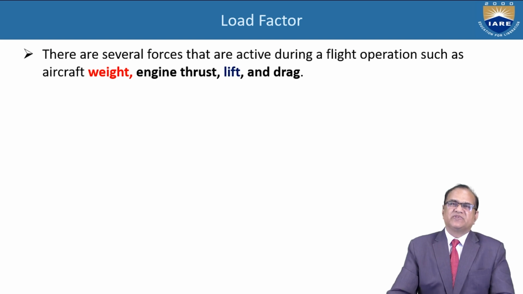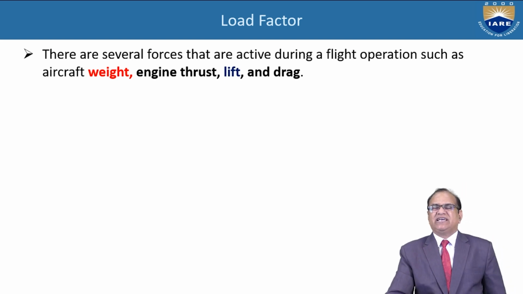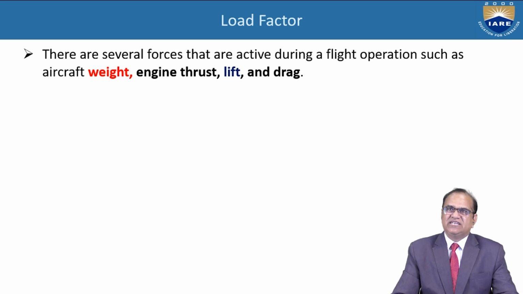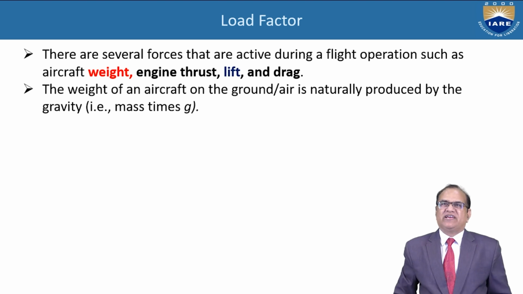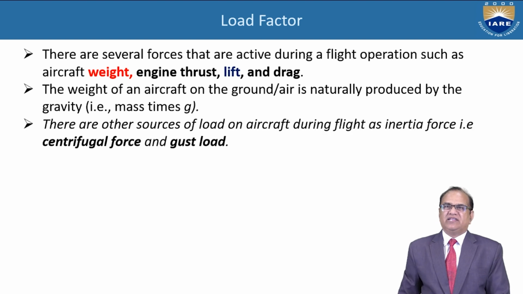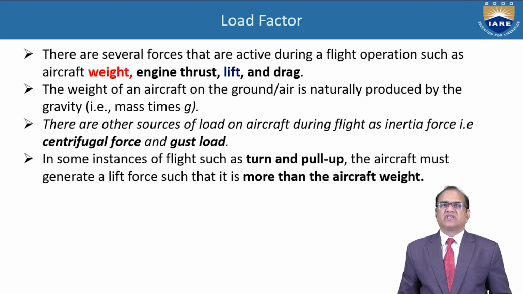Load factor. There are several forces acting during a flight operation, such as aircraft weight, engine thrust, lift and drag. The weight of an aircraft on the ground is naturally produced by gravity. There are other sources of load on the aircraft during flight, such as inertia force, that is centrifugal force, and gust load.